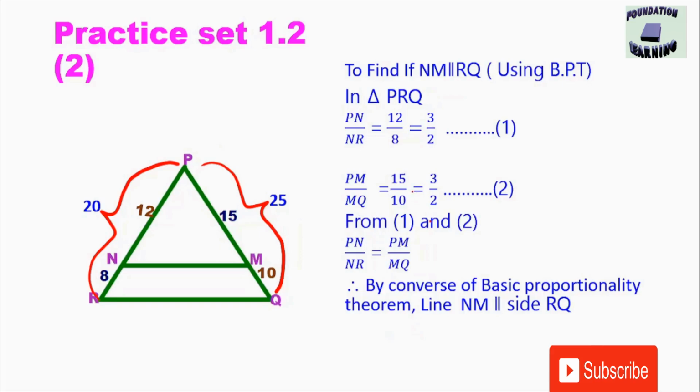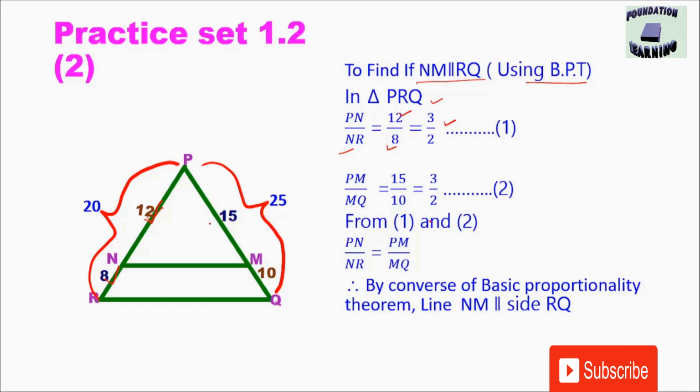Now we have to find whether NM is parallel to RQ using the basic proportionality theorem. So in triangle PRQ, PN is to NR. PN is 12, NR is 8. So 12 upon 8, 4 twos are 8, 4 threes are 12, so the first ratio we got is 3 upon 2.